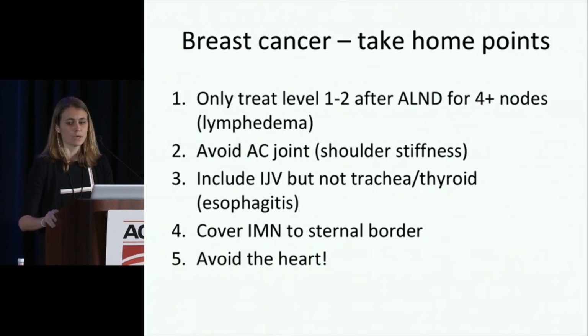So do that only for patients with 4 or more positive nodes. There's some question of whether extracapsular extension alone after an axillary dissection is a reason to intentionally treat that area, and I think most people would say that's not enough evidence to expose the patient to extra risk.